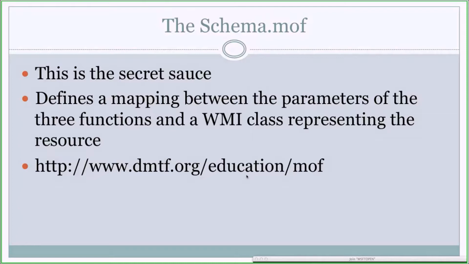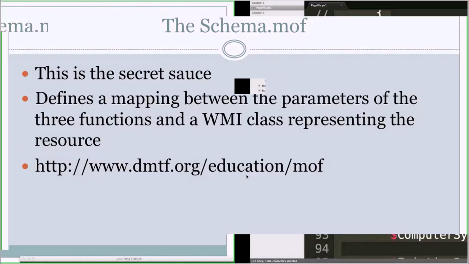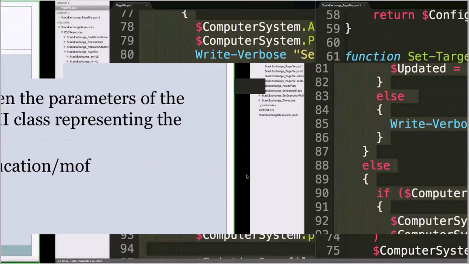So, all right, schema.mof. Yeah, this is that mapping. It's super important, but it's super forgettable because we have tools to generate it. So the only thing we really need to care about in the schema.mof is one particular thing.